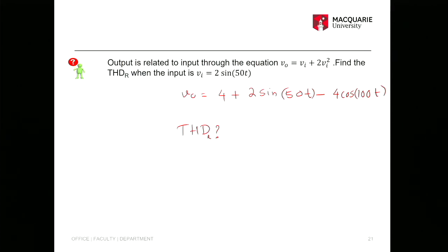So what is it? Does anybody have any answer? 69? Any other answer? 81? So how did you find it?